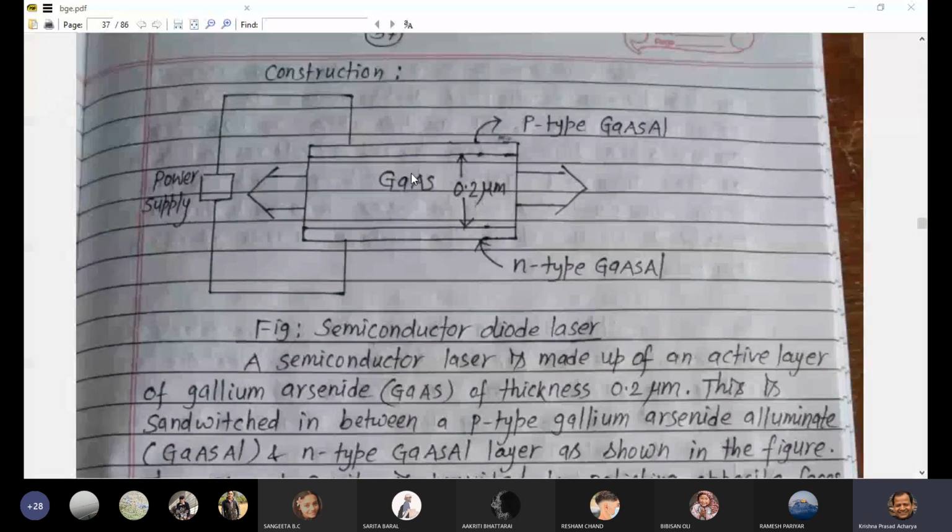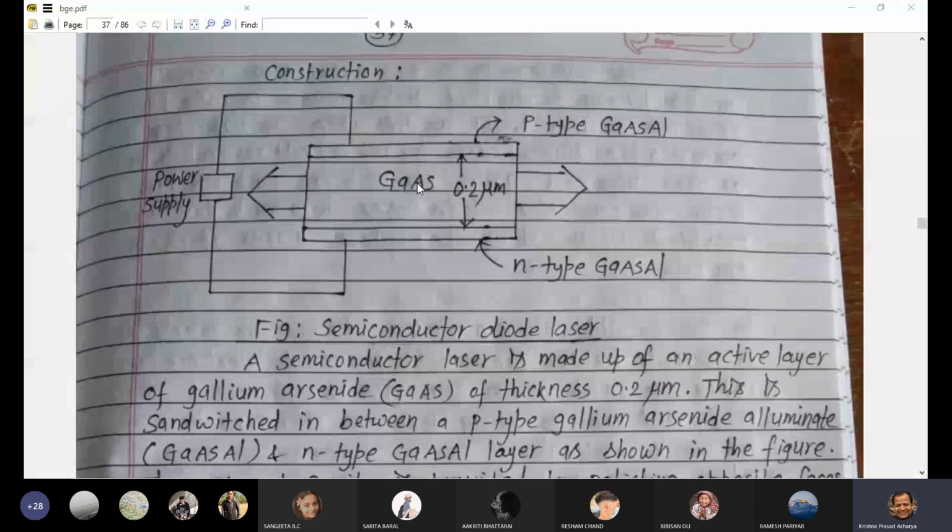If you decrease the junction thickness and increase the current through the PN junction diode, you can intensify the light. And this is about the working of gallium arsenide laser or semiconductor diode laser.